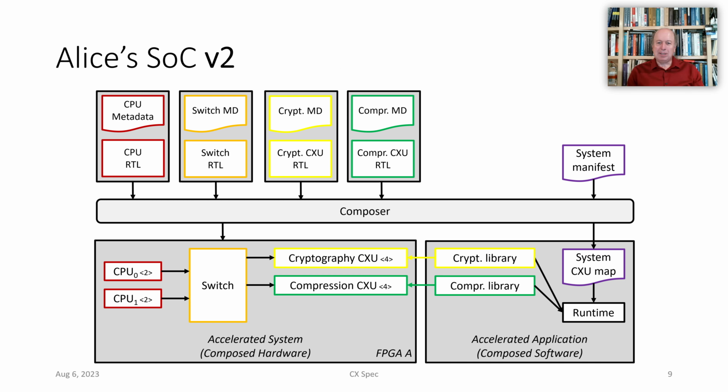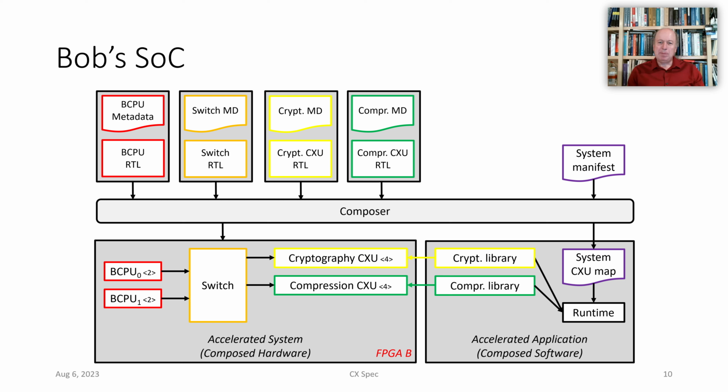Next, Alice updates the system manifest, adding the compression extension package, and rebuilds the system and CXU map, adding a second entry for the compression extension and its CXU number 1. Now, when Alice runs the application, both her crypt library and the compression library discover that their respective extensions are present in this system, and each issues their custom instructions upon their respective extensions' CXUs.